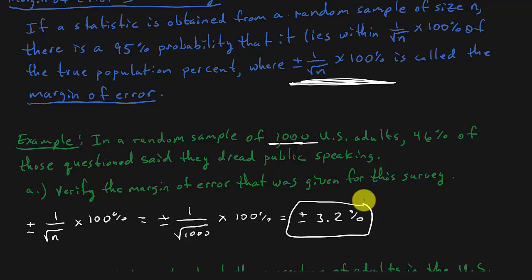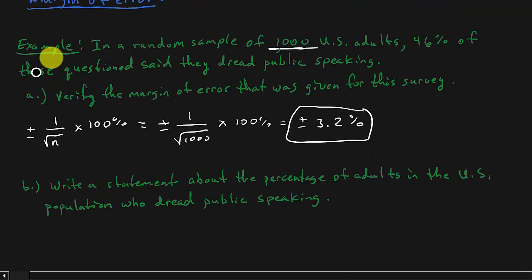Now, what they're asking us here in part B is to write a statement about the percentage of adults in the U.S. population who dread public speaking. We found our margin of error to be 3.2%, and it says 46% of those questioned said they dread public speaking.